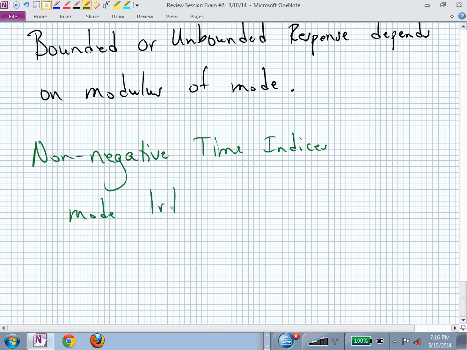If the mode is such that the radius is less than 1 of that mode, with n greater than or equal to 0, what's that tell you about the response behavior? Is it bounded or unbounded? It's bounded, isn't it? So now we have a bounded response.